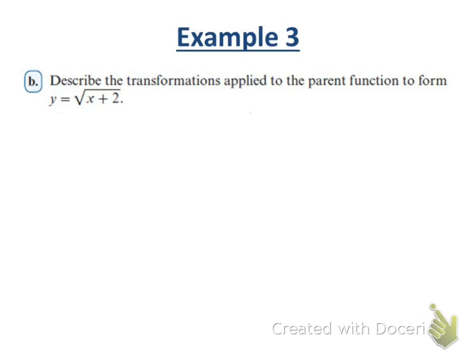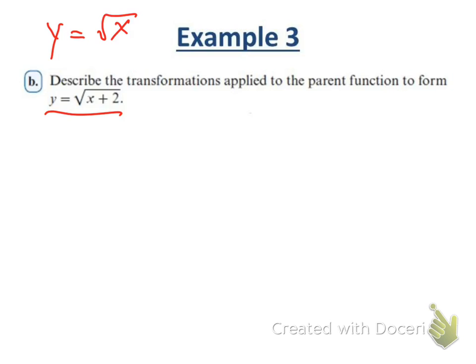Describe the transformation that's applied to this one. What happened here? The domain's going to change, isn't it? So the range isn't different. If we're talking about the transformation, we're talking about the difference between y equals the square root of x and y equals the square root of x plus 2.